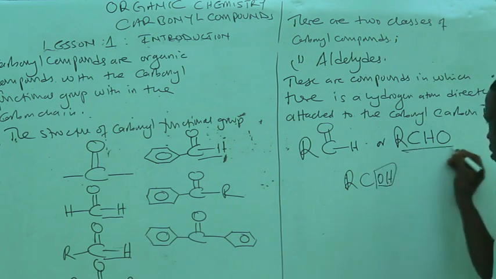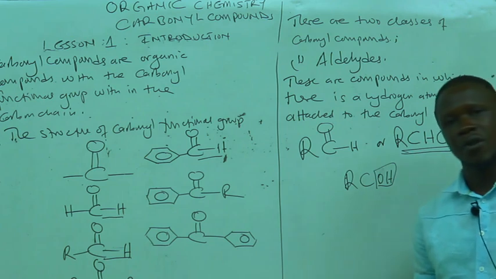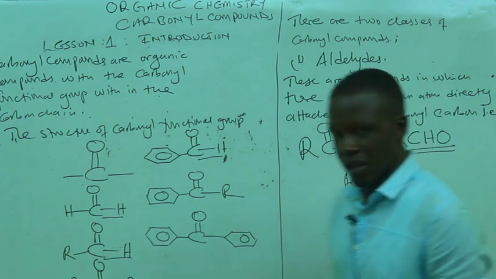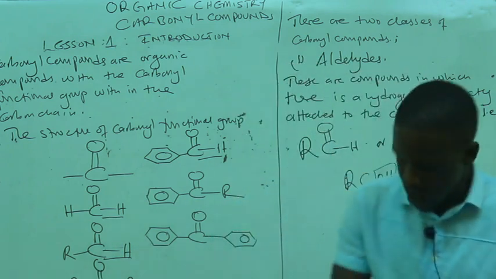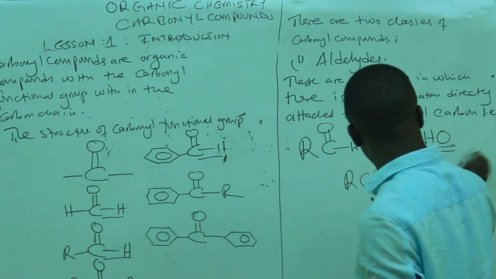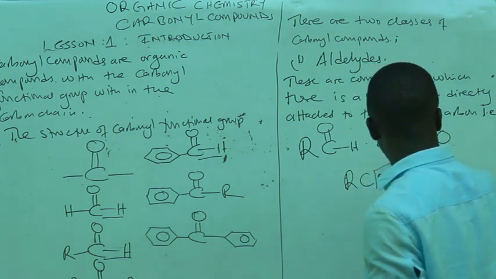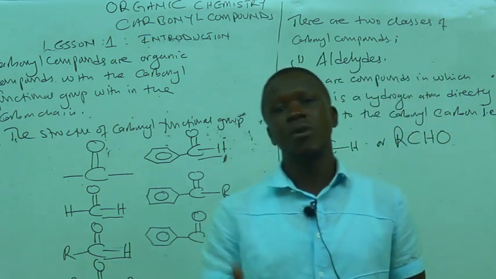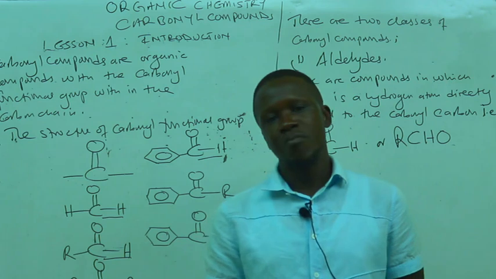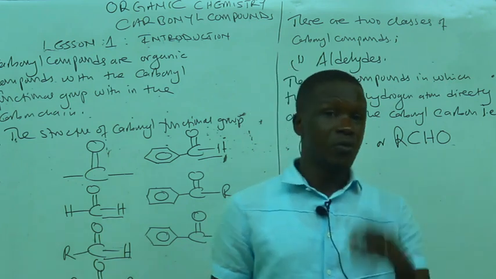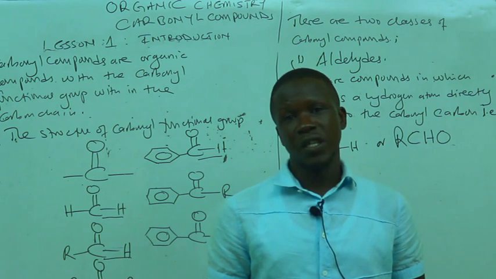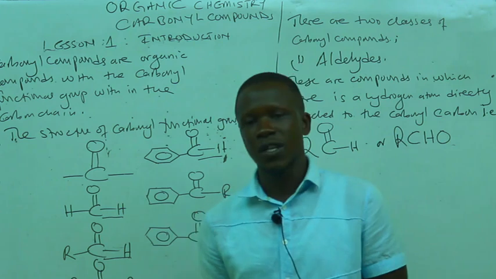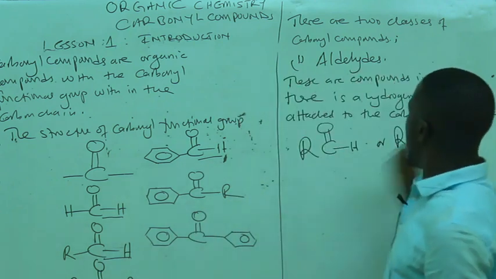So we write them this way to distinguish them from alcohols and also to show that on the carbon atom there is a hydrogen atom. Now, since these compounds contain that hydrogen atom, they can be oxidized. These compounds are reducing agents because they contain a hydrogen atom which can easily be removed. Removal of hydrogen is oxidation, and compounds that undergo oxidation are good reducing agents. So those are called aldehydes.